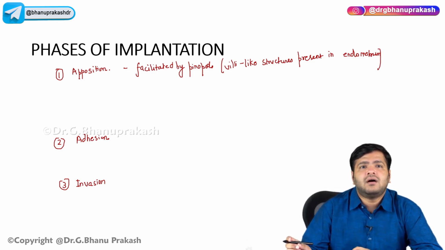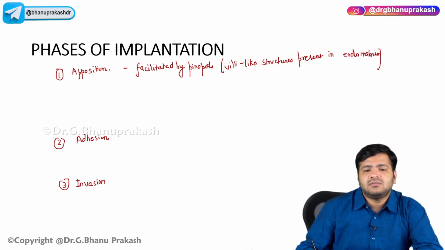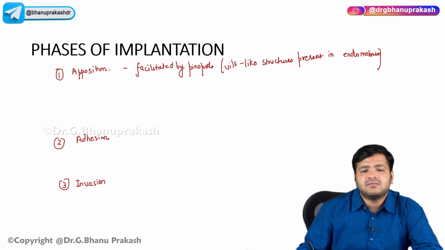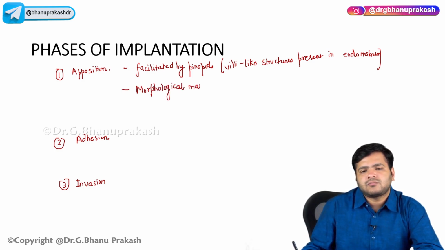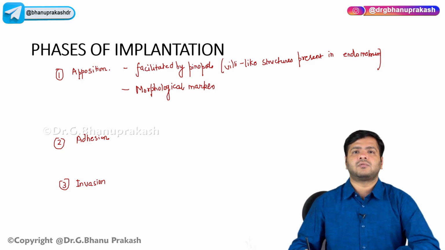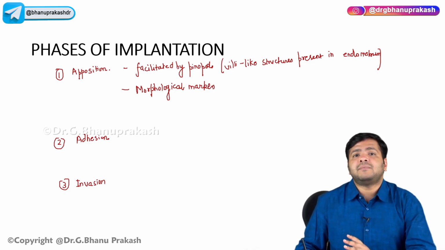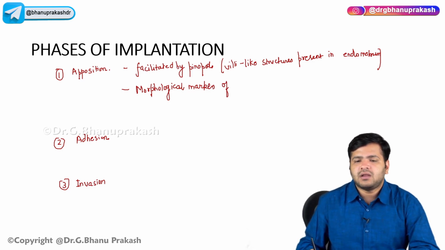So yes, these are actually the morphological markers of endometrial receptivity and implantation.